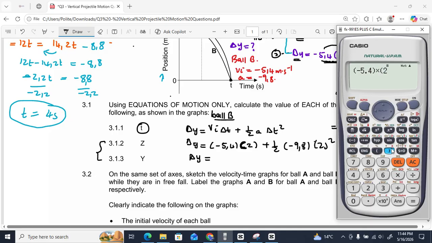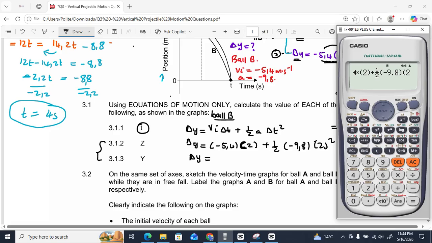Okay, then we are adding half of negative 9.8, multiplied by 2.